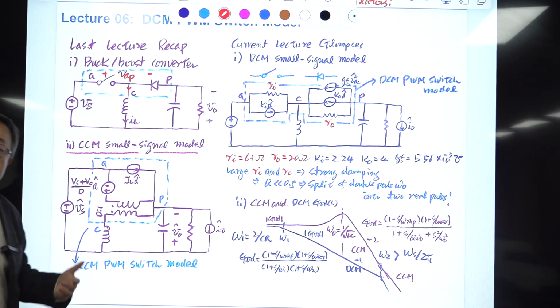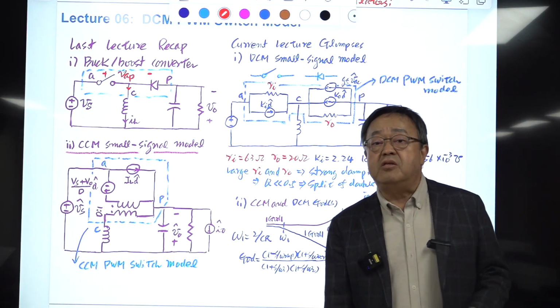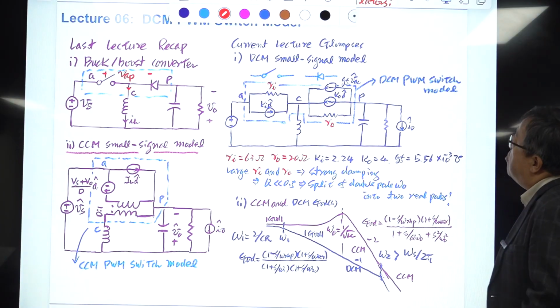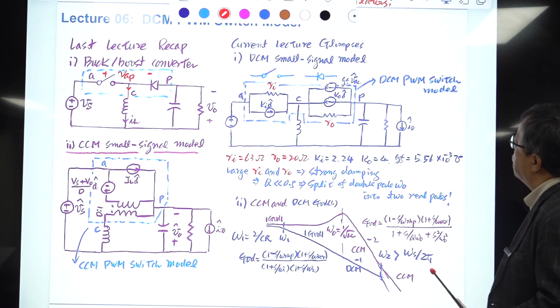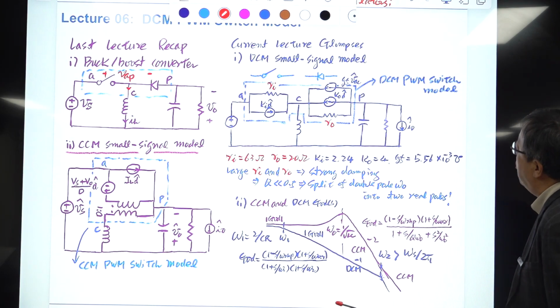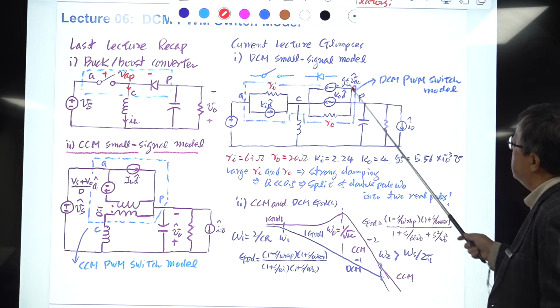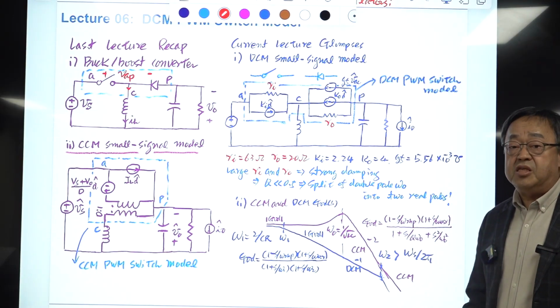We want to extend this kind of analysis to the converter in DCM operation. So we need a different formulation for the DCM operation, and the waveforms, the average equation and the small signal equation will be different from those of CCM.